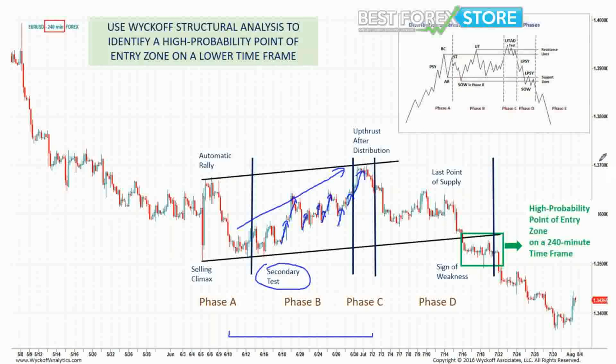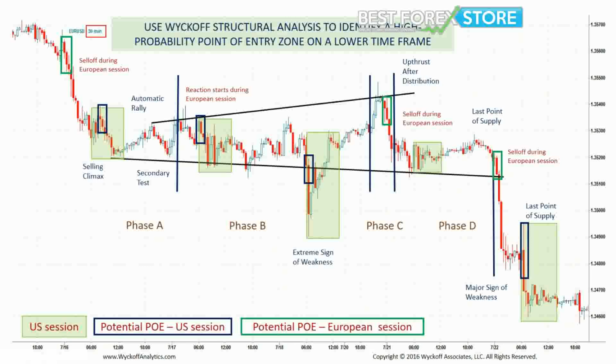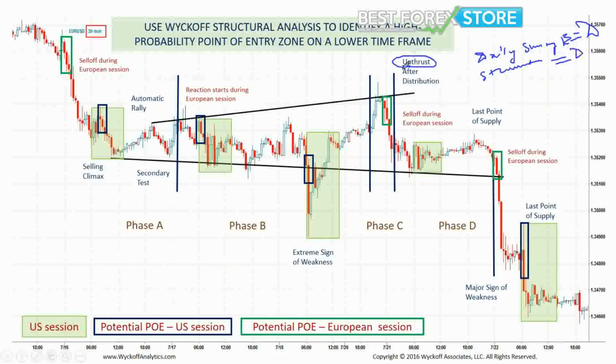And then with the reversal mechanism on the lower time frame, like right here, let's say in this area, upthrust, our daily swing bias is going to be down. Our structural bias is going to be down here too because of the upthrust and this action right here.